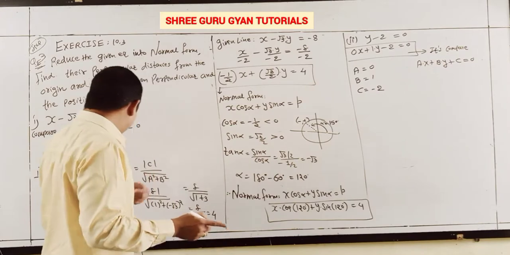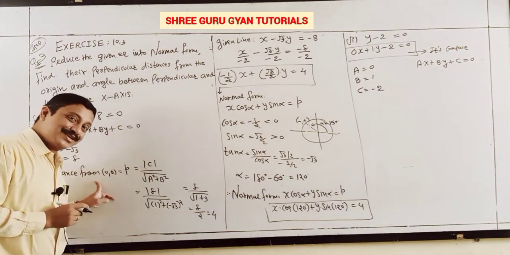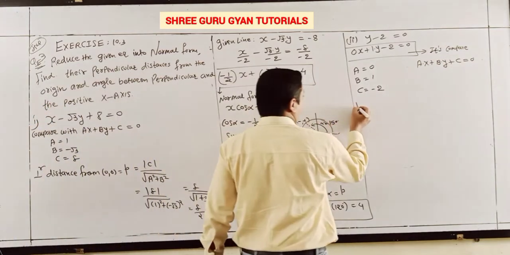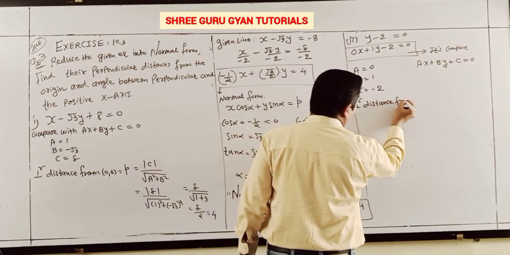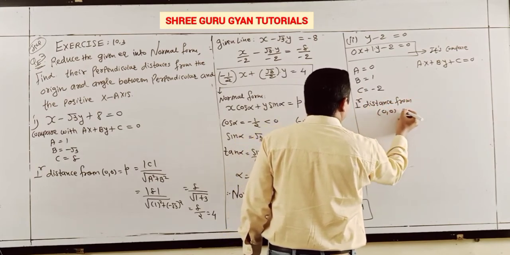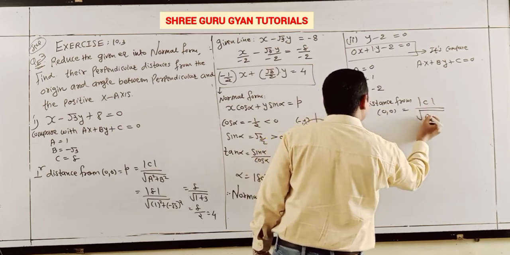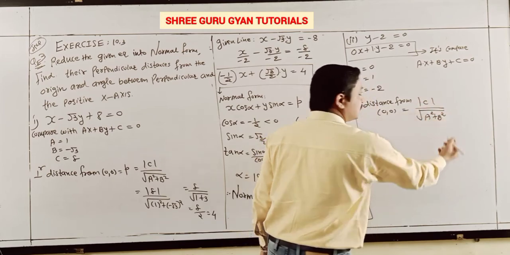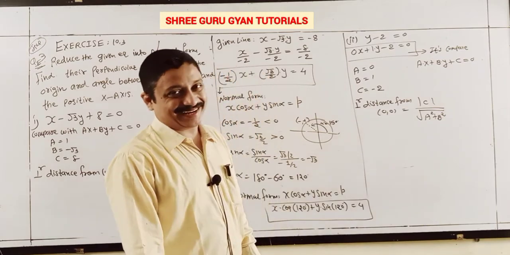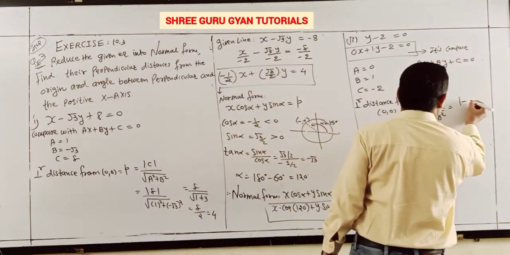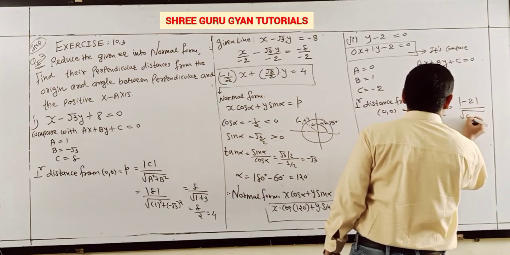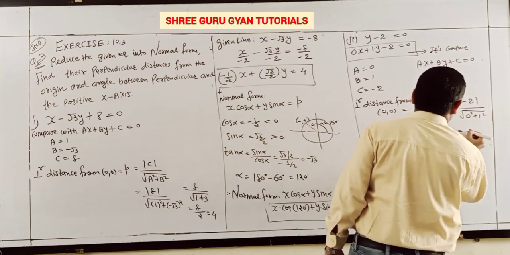First of all I calculate the distance from the origin. Yes, the perpendicular distance from the origin is modulus c by under root, you know, a square plus b square. Attach all the a, b, c values. The c value I have is minus 2, and a square plus b square is 0 square plus 1 square, that is 1, so the distance is 2.